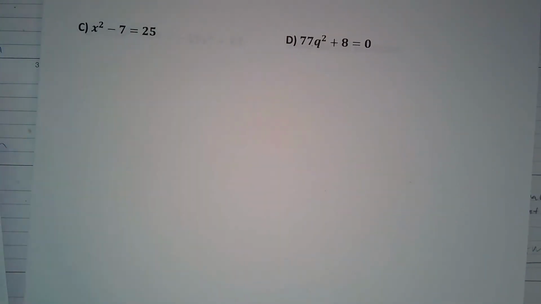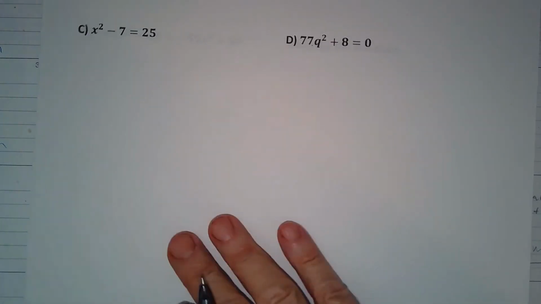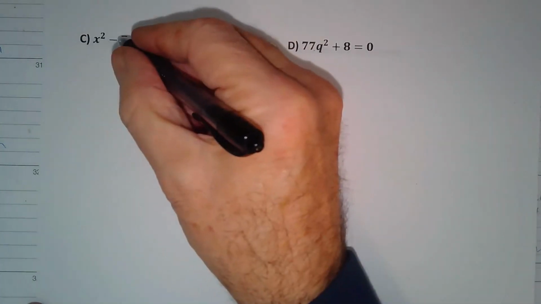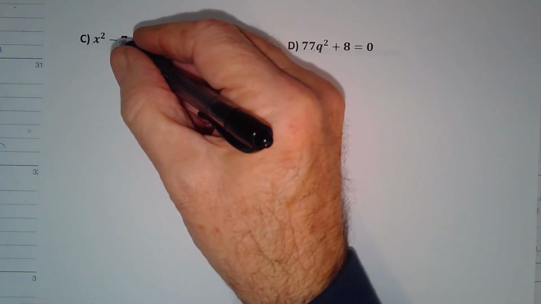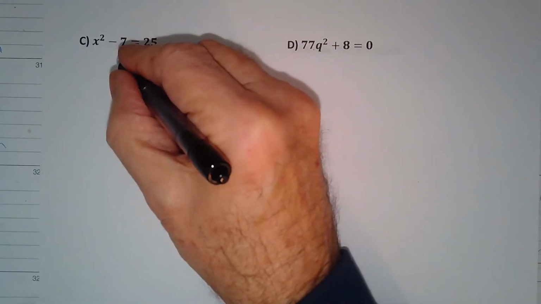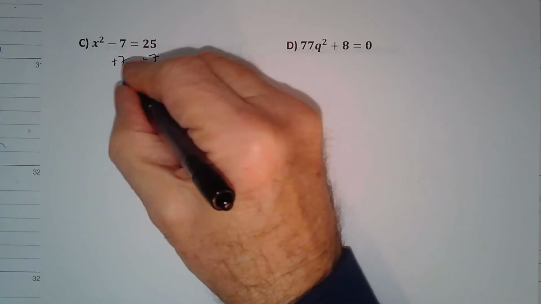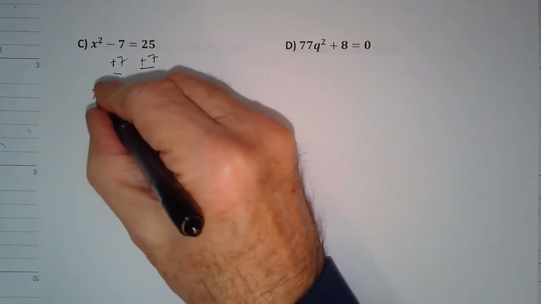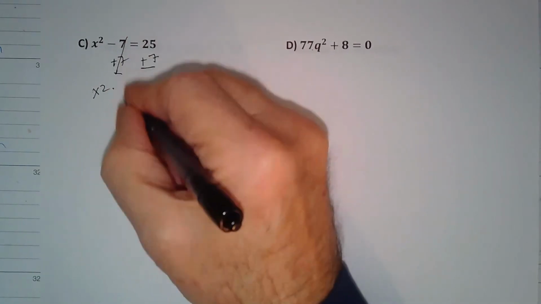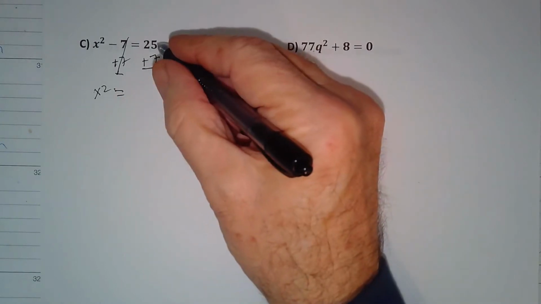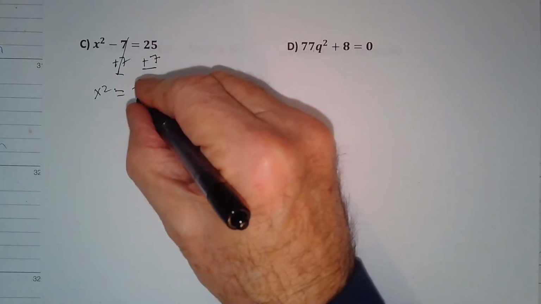Okay, so let's look at the next one. So we will want to set this one up. So we've got x squared all by itself, right? So I want to add 7 to both sides. And when I do that, I get x squared, this cancels, equals, and let's see, 25 plus 7 is 32.